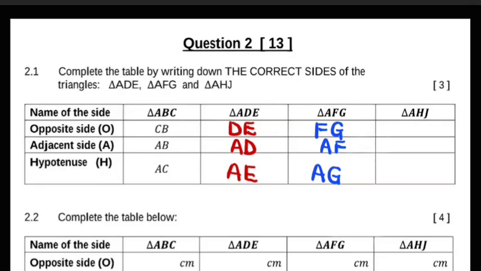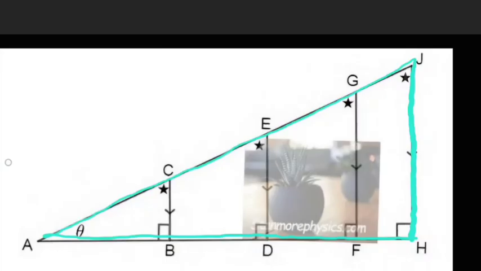Now the next triangle we're looking for is AHJ. Let's refer to the diagram. AHJ is the whole big triangle. Here we have theta in the same corner, so the side opposite that would be HJ. The side adjacent would be AH, this bottom part. And the hypotenuse would be opposite the 90, there's our 90 degrees.